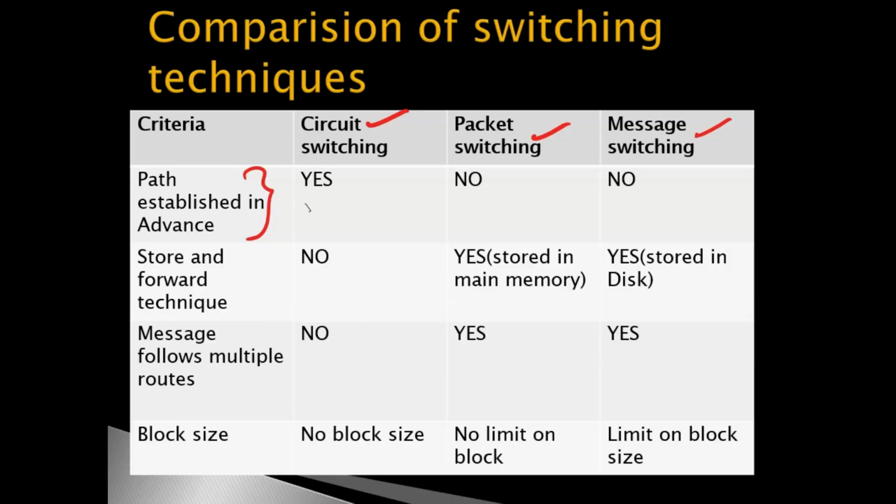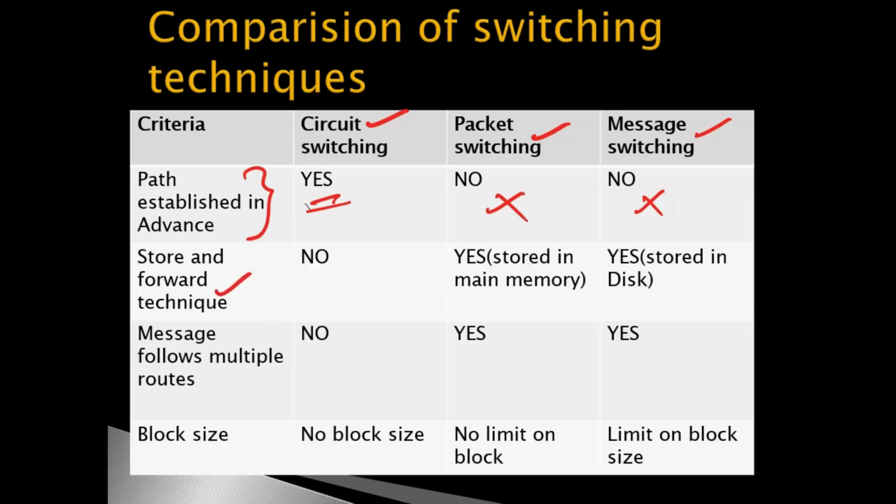In which type of switching is the path established in advance before sending the packets? In circuit switching, yes, we are establishing the path before sending the message. But in packet switching and message switching, we are not creating a dedicated path to send the messages.